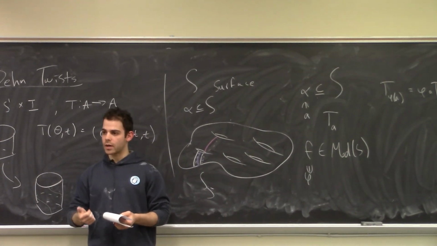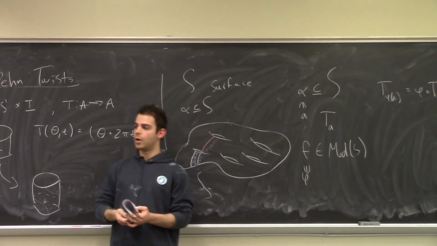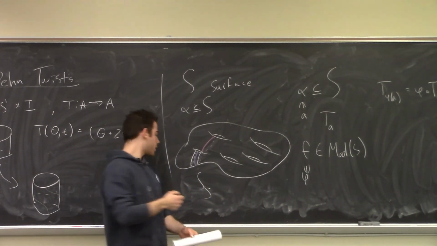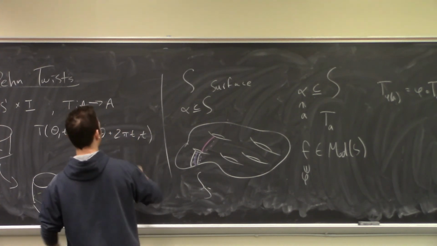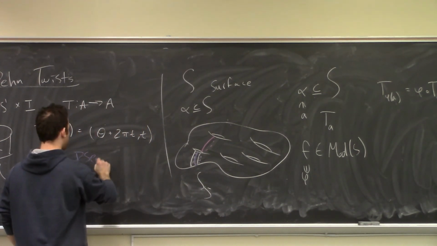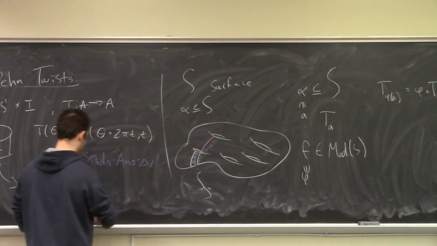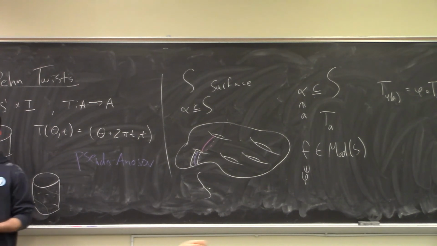as either periodic, which means exactly what you think it means, it's literally periodic, or reducible, or pseudo-Anosov. So this is called the Thurston classification of mapping classes.